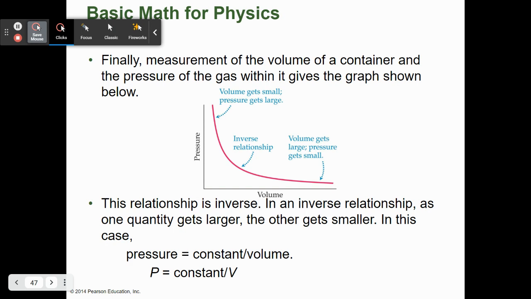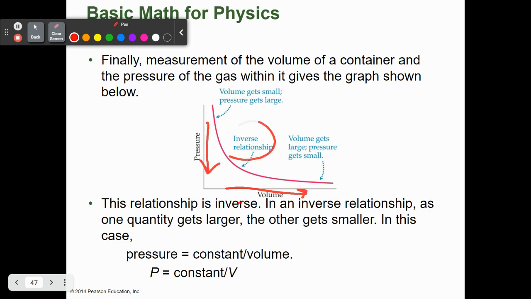Okay, so finally, we can do measurements of volume of a container with pressure. So that should look kind of familiar from chemistry because remember, pressure and volume are inversely related. Okay, so as volume increases, pressure goes down. And that's what you see on the graph. Okay, so as we go up in volume, our pressure goes down. So that's an inverse relationship.